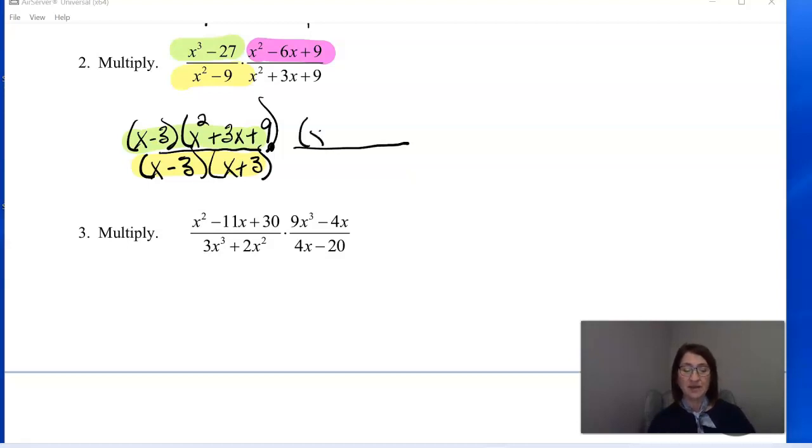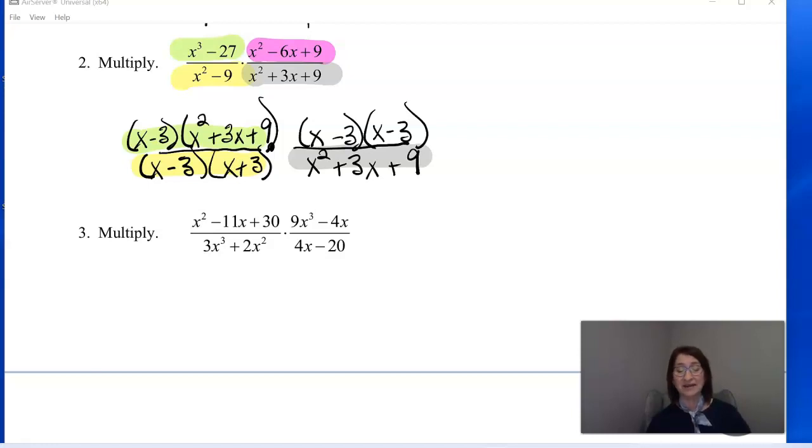And so that's going to be x minus 3, x minus 3, which is x minus 3 squared. All right, and then this denominator, I'm going to put right here, I can't do anything with that. That actually is prime. So I've got x squared plus 3x plus 9.